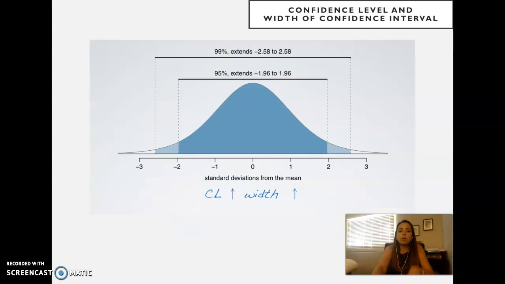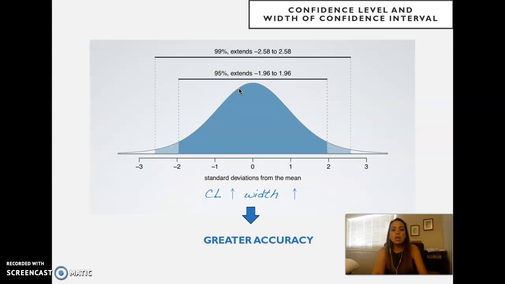Now, that kind of makes sense, right? So the more I extend my interval, the larger it is, the greater my chance of that interval including the mean, each time I compute it. So you increase your accuracy. You increase your chance of including the mean when you get a wider interval.